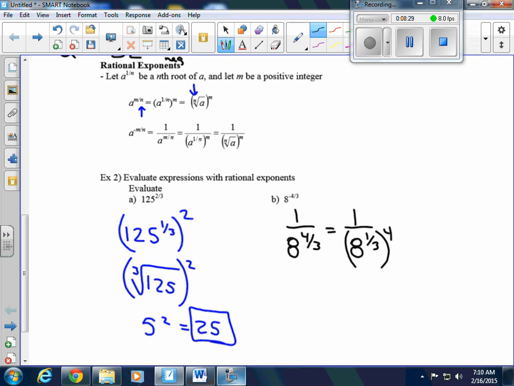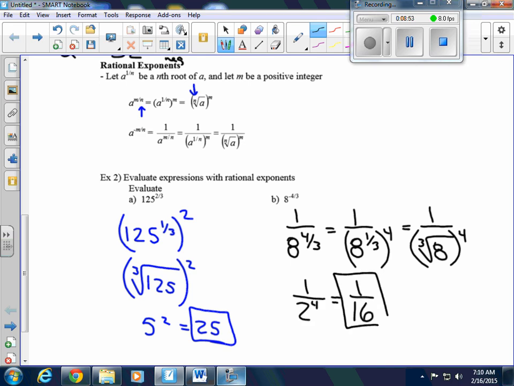So now we write that as the third root of 8 to the 4th. Well, the third root of 8 is 2, because 2 times 2 times 2 is 8. And so we have 1 over 2 to the 4th power, which is 1 over 16.